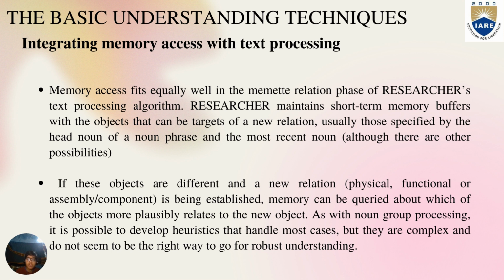It keeps track of the identified memos that can be modified: the memos described by the head noun, the most recent noun, and certain intermediate nouns. As researcher continues to work back through the stack, if there is more than one distinct object described in the noun group, memory can be queried to determine which object new words modify or relate to.